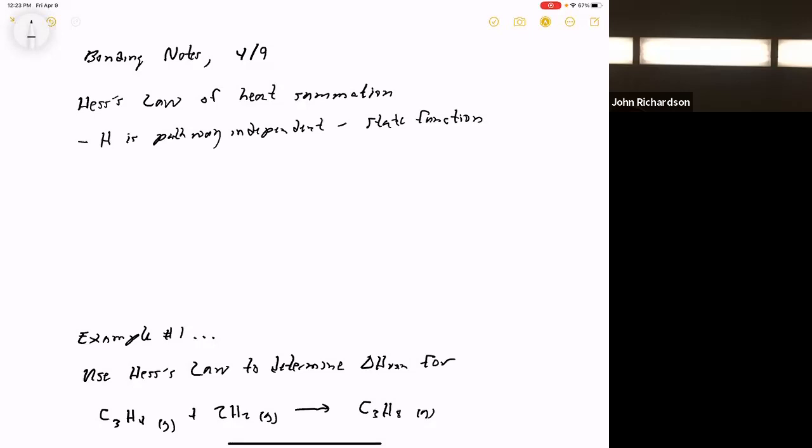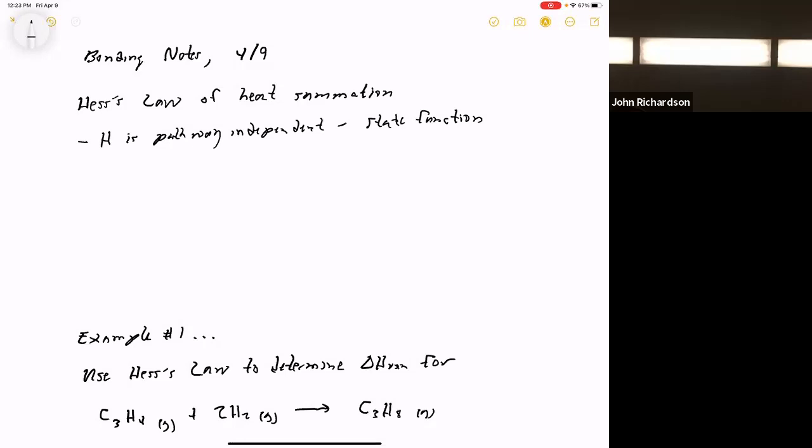Okay, so where this comes into play is, what if I want to calculate a delta H of reaction for a reaction that I can't directly run in a bomb calorimeter, for example? You guys will remember, I want to get delta H's of formation or delta H's of reaction. A lot of times I can run those reactions in bomb calorimeters to directly obtain those values of delta H. But what if I have a reaction I can't run in a calorimeter?